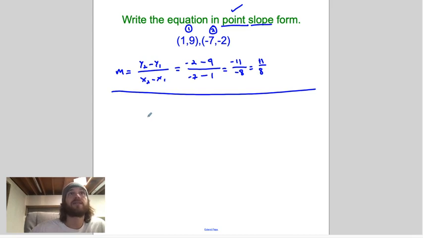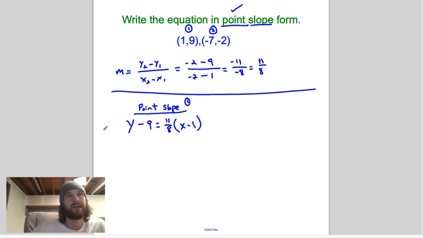Now to write this in point slope form, all that we have to do is plug into our equation. So we're going to write this as y, and let's pick point 1. It doesn't matter which point we pick. To write it in point-slope form, you can be done just by doing y minus 9 equals 11 over 8 times x minus 1.